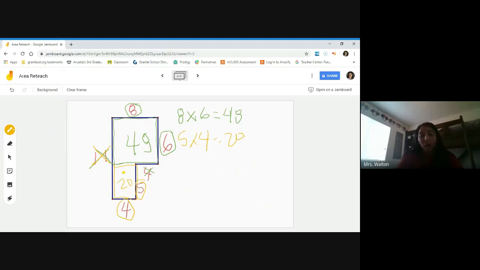So now I have all I need. Once again, you can't just put 48 and 20 as your answer. You have to add those together. So 48 plus 20, 8 plus 0 is 8. 4 plus 2 is 6. So my answer is 68. I have an area of 68. And now I'm done. I have found the area of this shape.